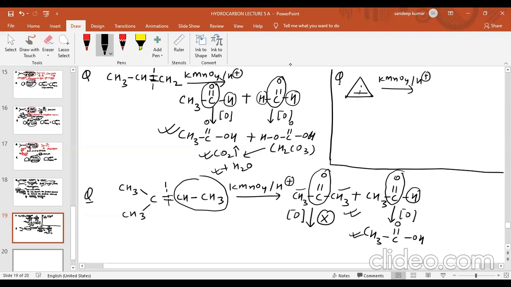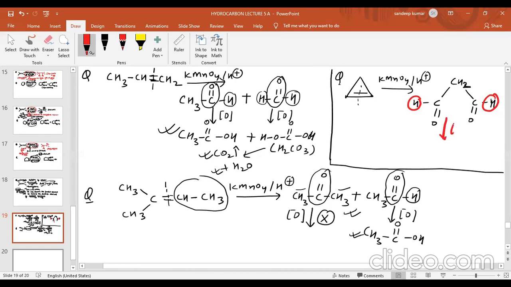First break the bond, then it will be CH2, and C double bond O, H, also C double bond O and H. Because this is oxidative ozonolysis, hydrogen is attached with C double bond O, and there also hydrogen is attached with C double bond O. So oxidation will take place further.